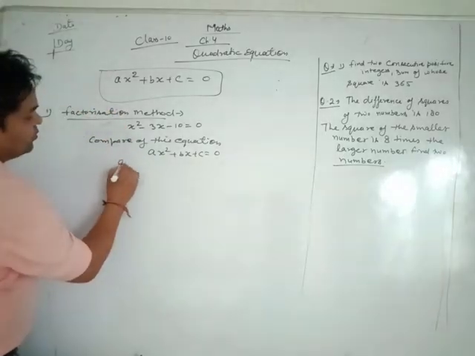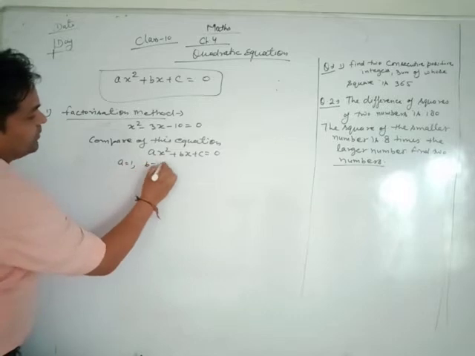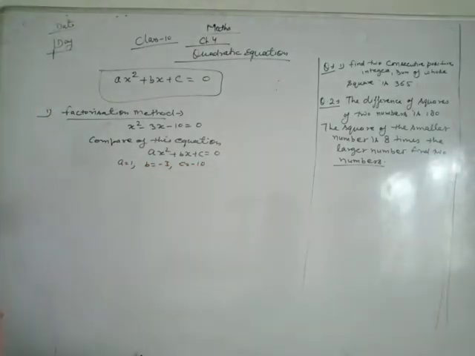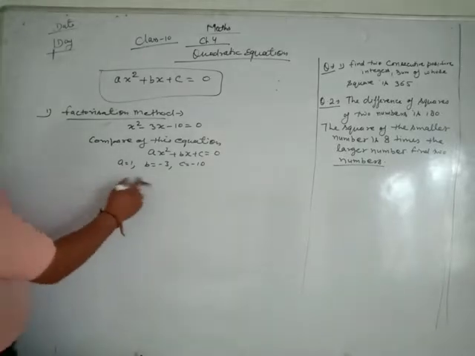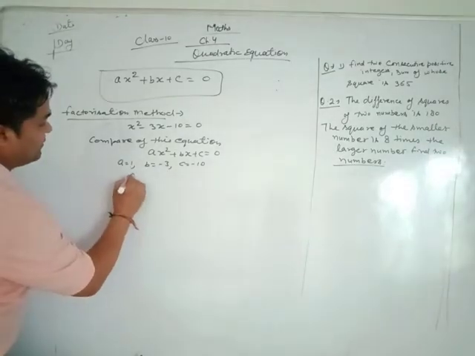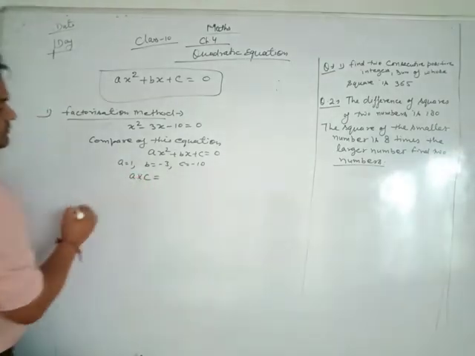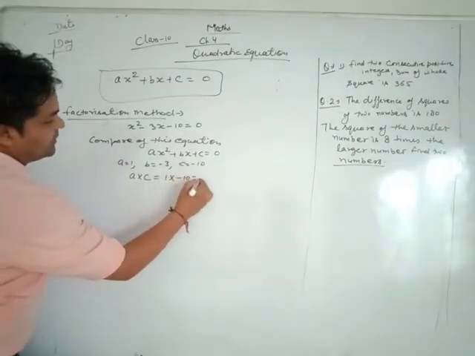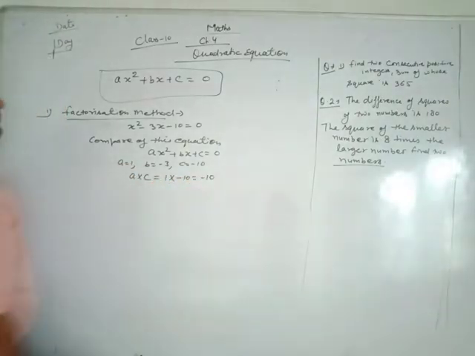So a equal to 1, b equal to -3 and c equal to -10. Then firstly multiply a and c: 1 multiplied by -10 equal to -10.